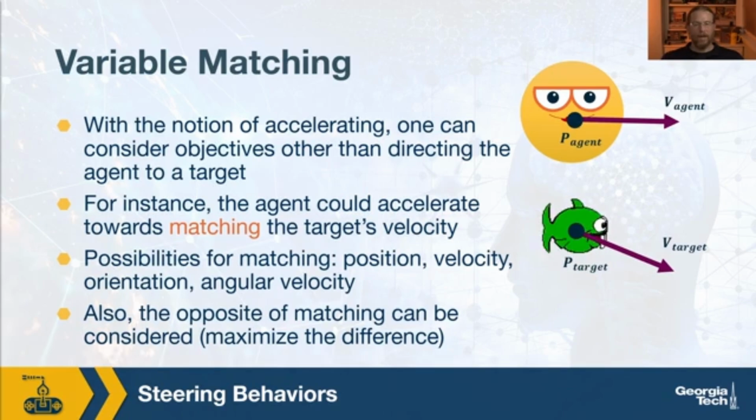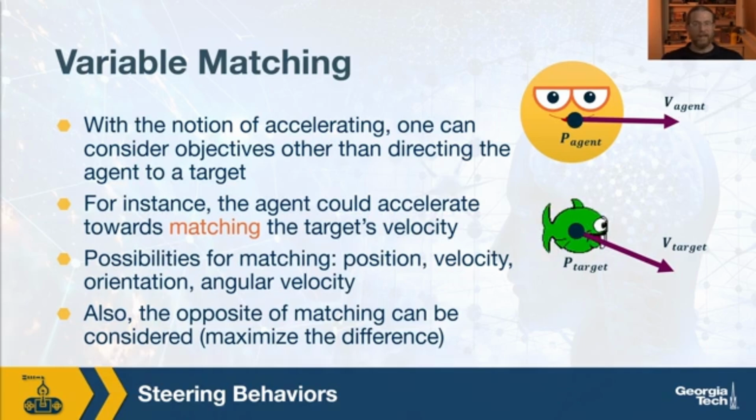So we can abstract away or generalize that really what we can accomplish is target matching or variable matching. And in this case, we might have different derivatives of motion or the dimensions, either translational or rotational. And so we might be trying to match the agent's position with some other position.